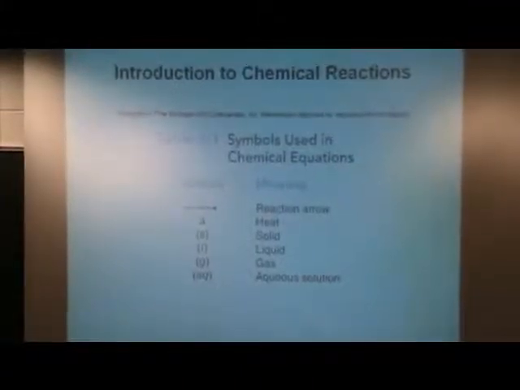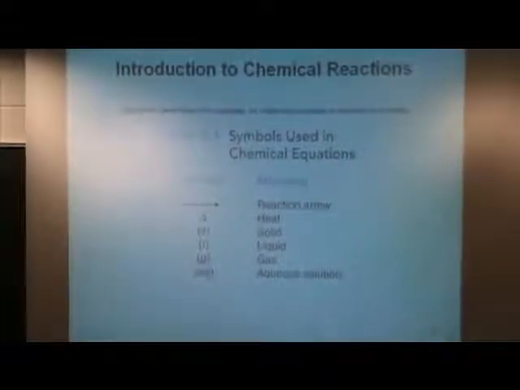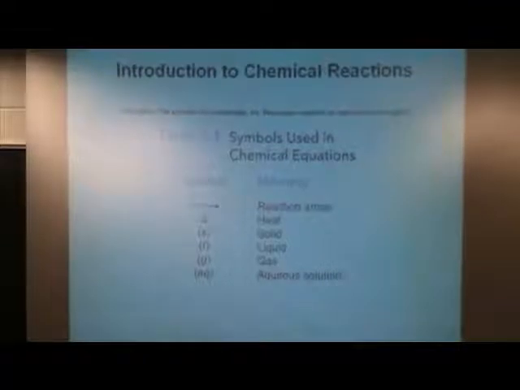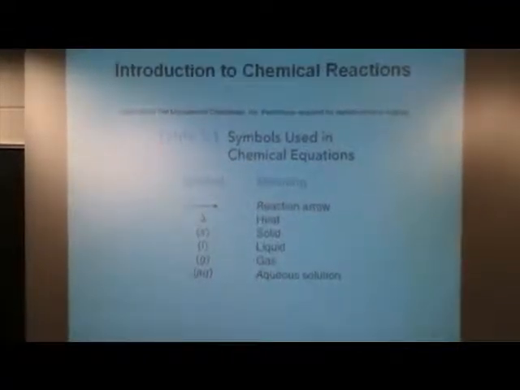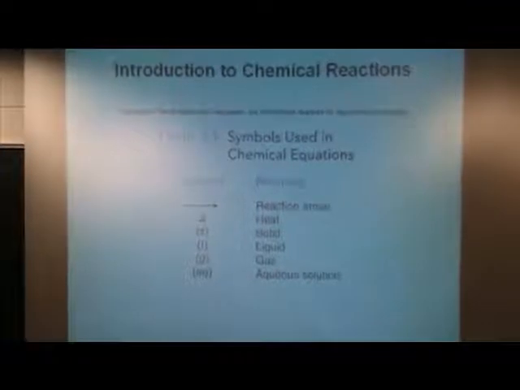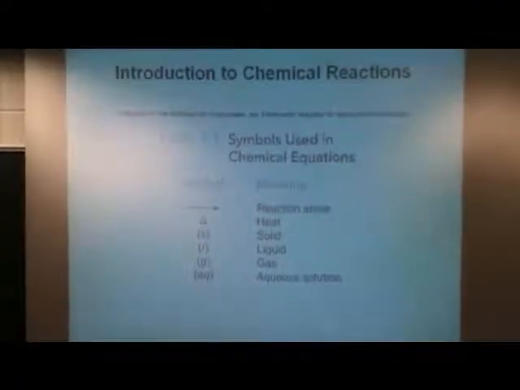Now, when you write a chemical equation, it's not enough just to write the chemical equation. You also have to write the physical status of the substance. For example, if the substance I'm dealing with is solid, I don't have to write S-O-L-I-D, but I use S. It's a common understanding that if I have S, it means solid.